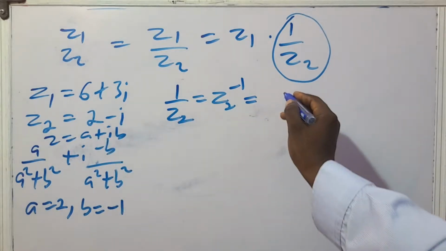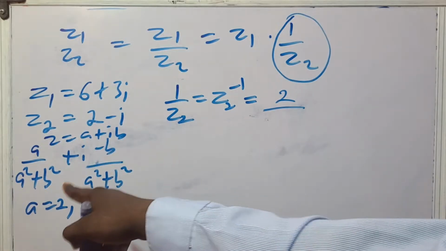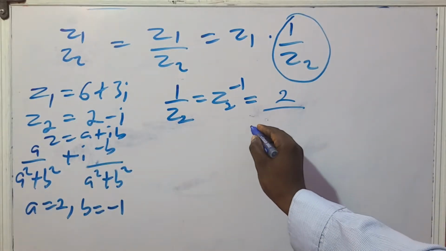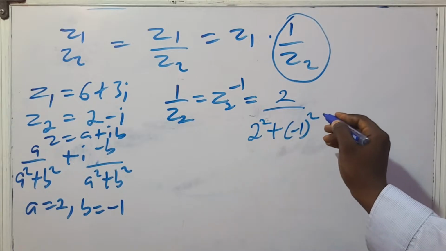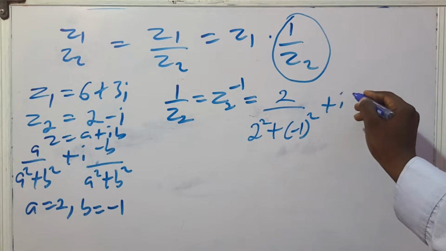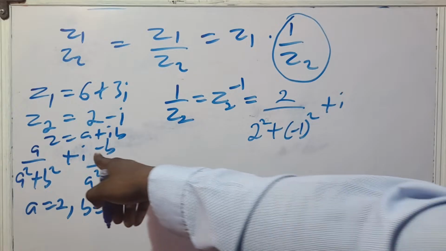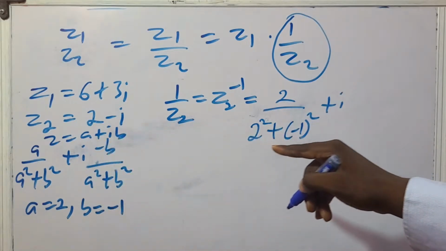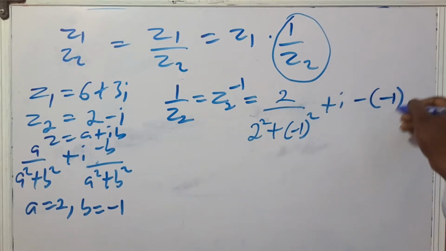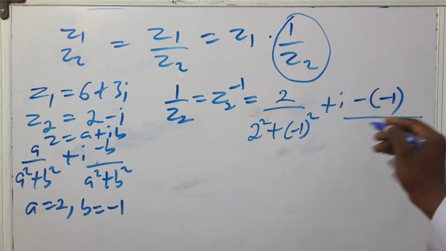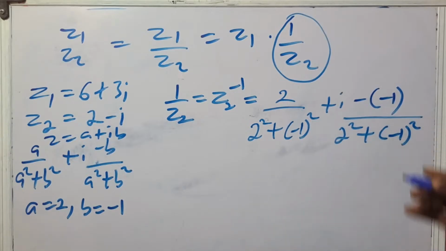we would have our a to be 2 over a square plus b square. That will be 2 square plus minus 1 square. Then plus i into brackets, there's a minus there. So this will be minus, then b is now minus 1, everything over 2 square plus minus 1 square.